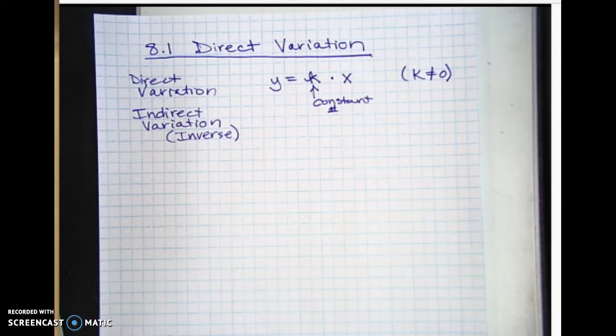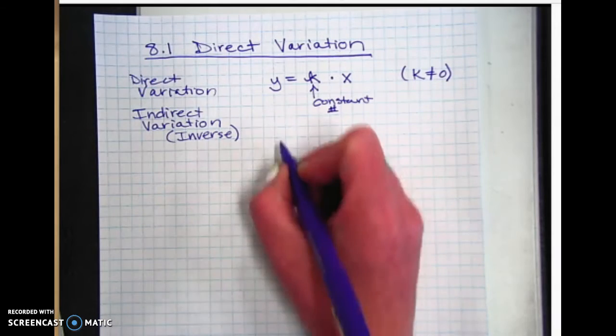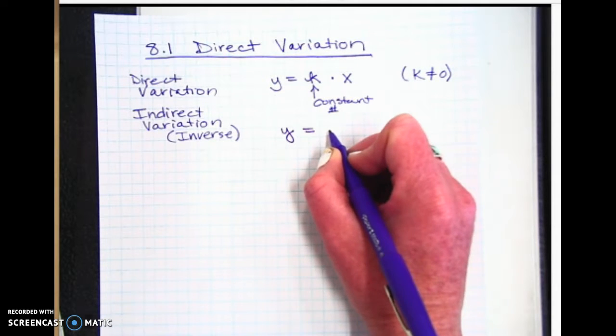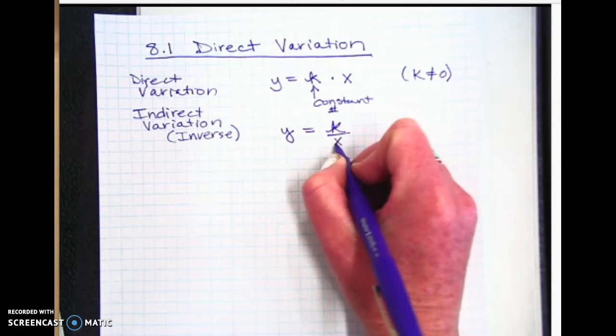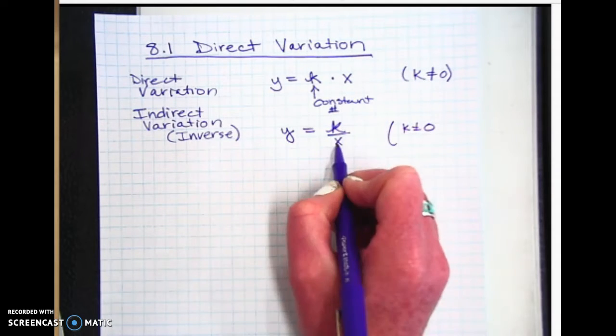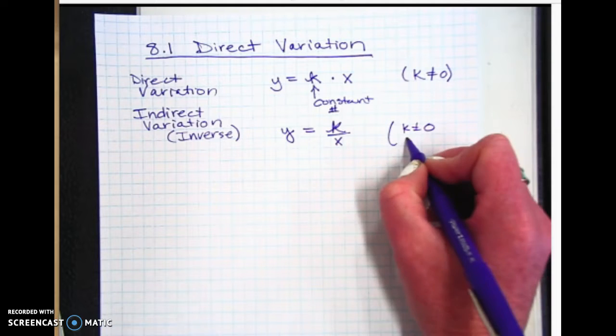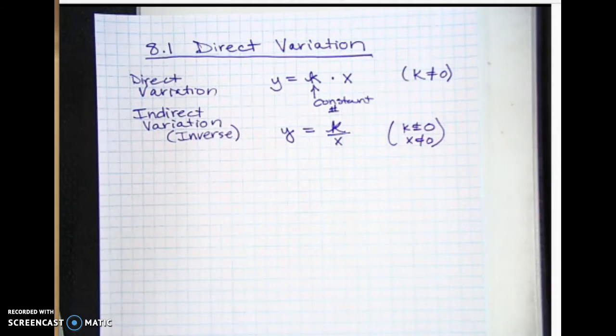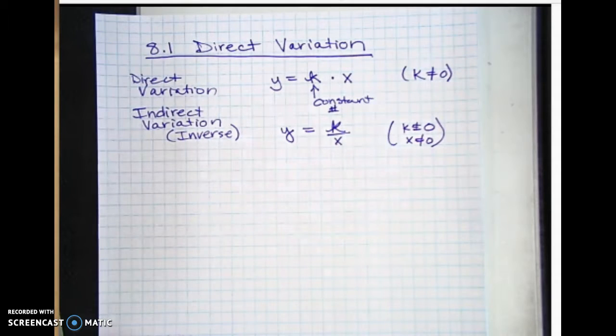Okay? So some number is going to be in there. Indirect variation, which we'll get into more tomorrow, is going to be y equals k over x. And this one, k can't equal 0, but you also have that x in the denominator, so it can't be 0 either. Okay? Those are just the little qualifiers.